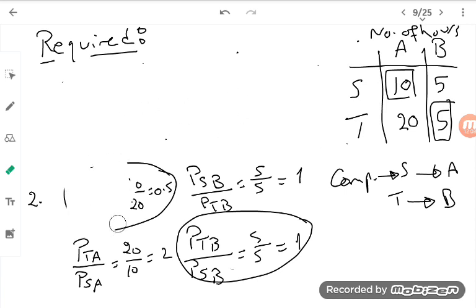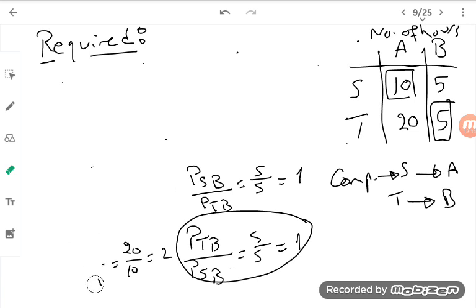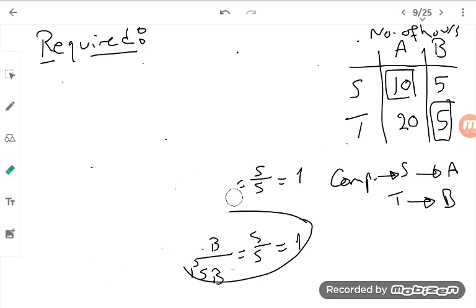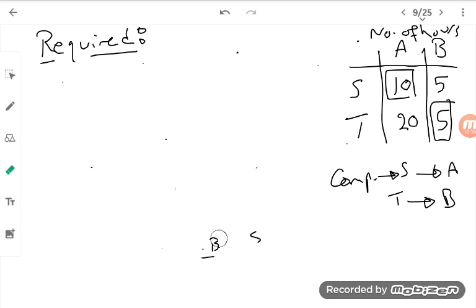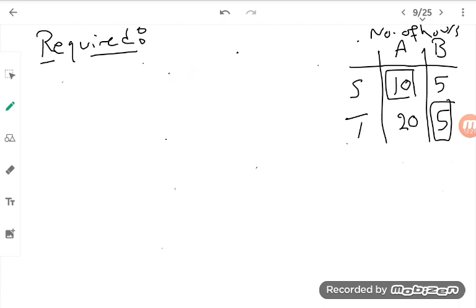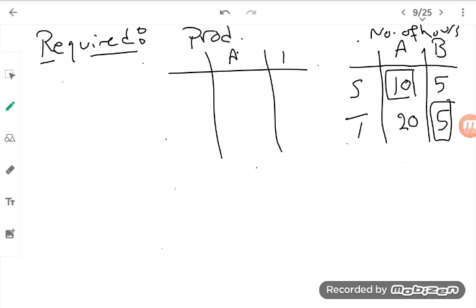World production after specialization. Okay, after specialization, country A will specialize in soybeans. Country A produces 1 unit in 10 hours.